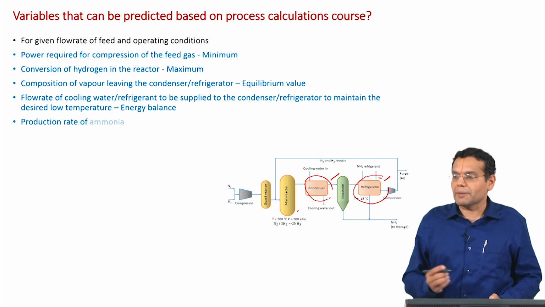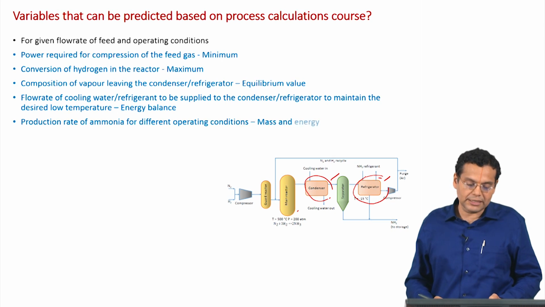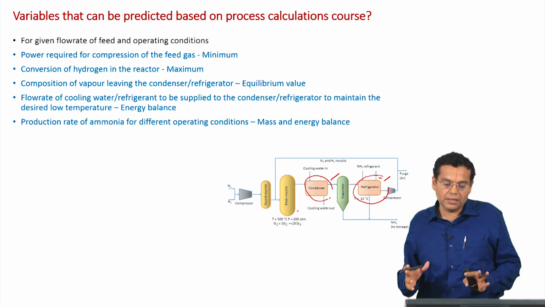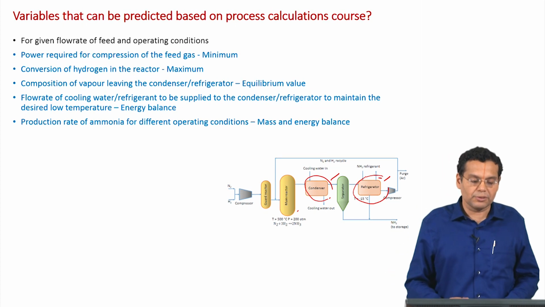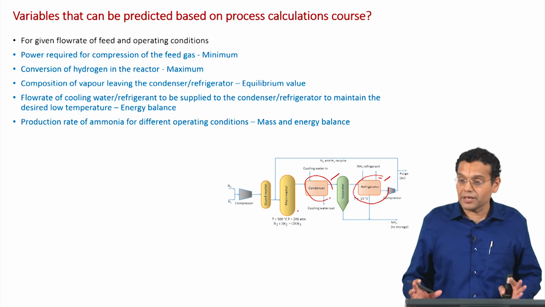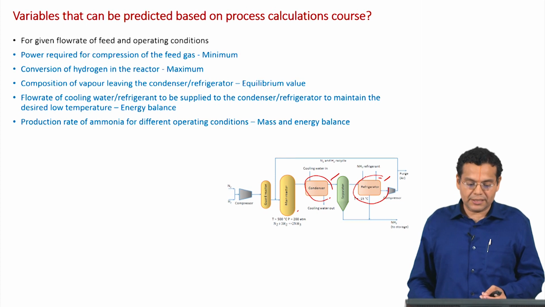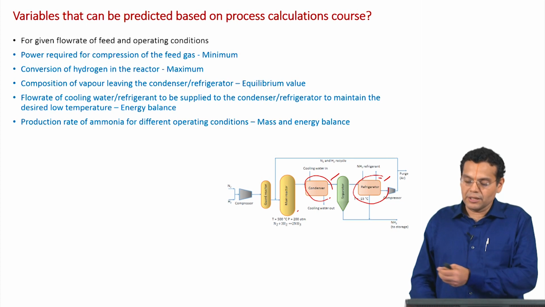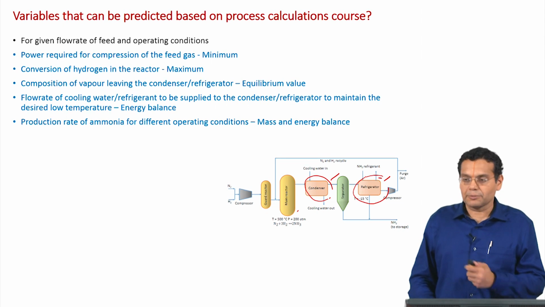Of course, doing a mass balance and energy balance for the entire plant, we can find out the production rate of ammonia. So, based on the knowledge gained from a process calculation course and a simple thermodynamics course, you can solve for different variables in the plant, namely power required for compression, conversion of hydrogen in the reactor, composition of vapor leaving the condenser and refrigerator, cooling water required in them, and the production rate of ammonia.